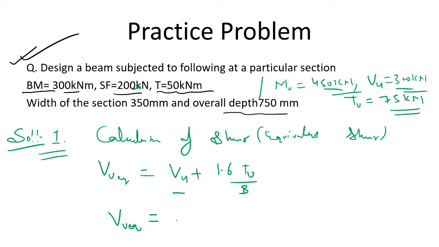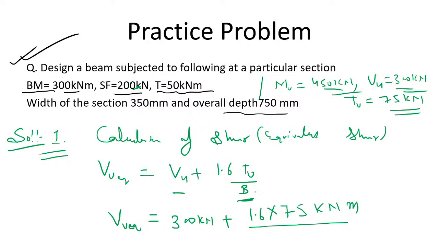So VU is 300 kilonewton plus 1.6 times the actual value of torsional moment, which is 75 kilonewton meter. So see here the units very carefully. This B is overall width. So this overall width is how much?